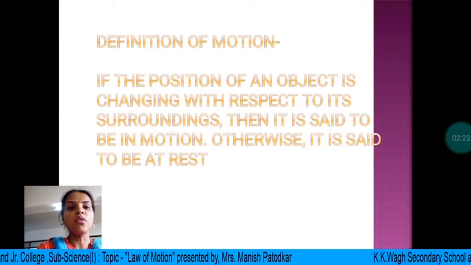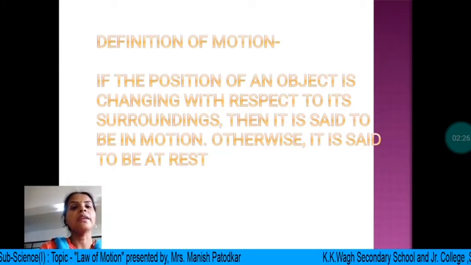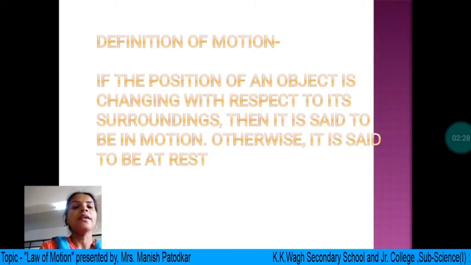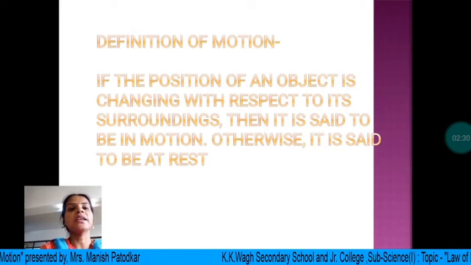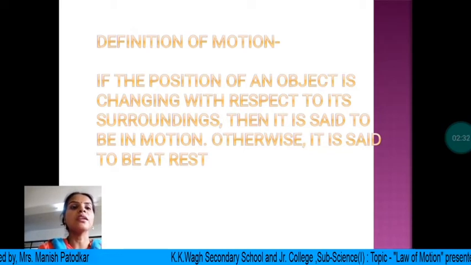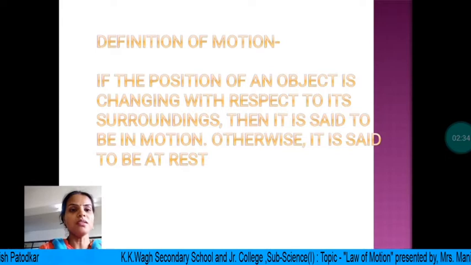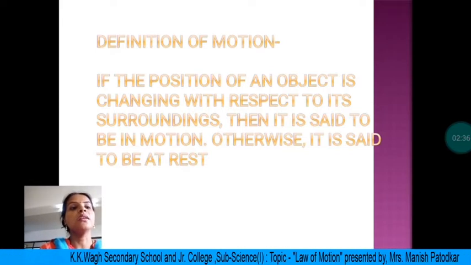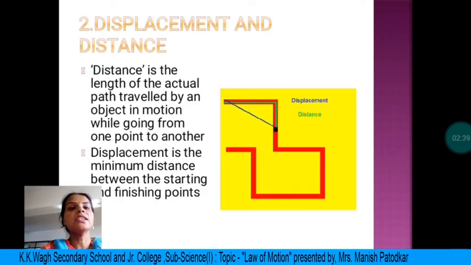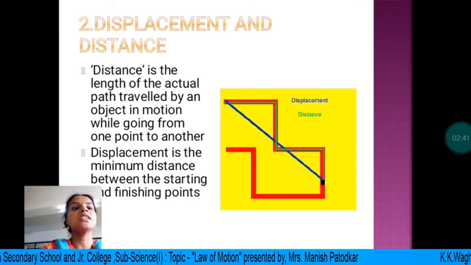So from the above activity, we can state the definition of motion: if the position of an object is changing with respect to its surrounding, then it is said to be in motion, otherwise it is said to be at rest. Now let's see the next concept, distance and displacement.